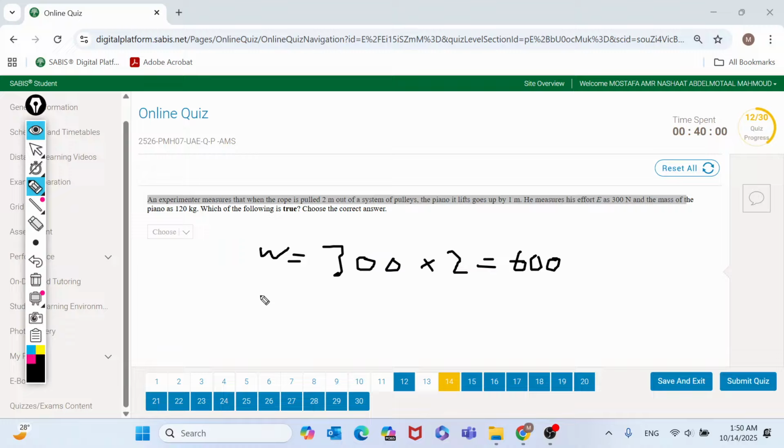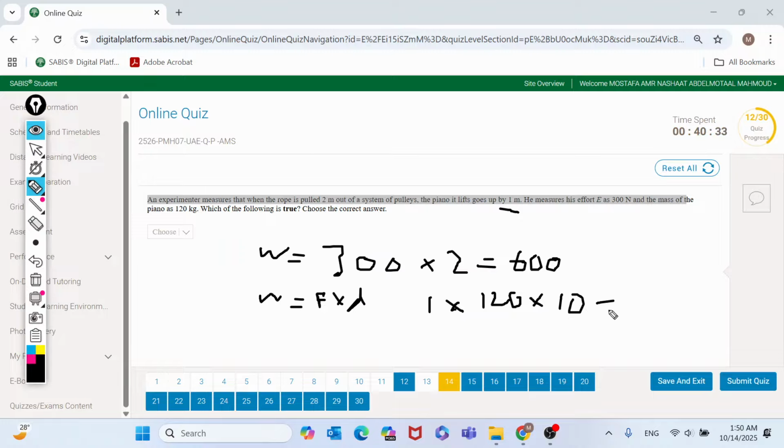And the work he outputted is force times distance also, but the distance is 1 meter, because it says here. The force is 120 kilograms times the gravitational acceleration, so times 10.